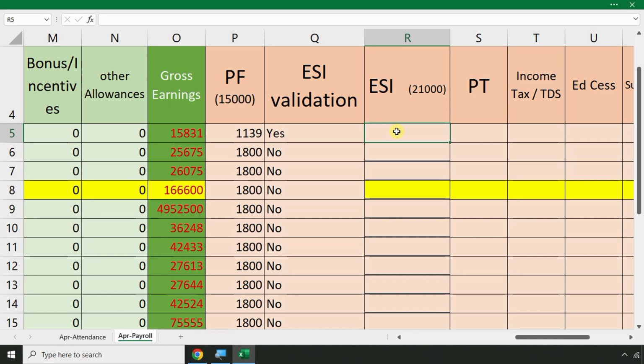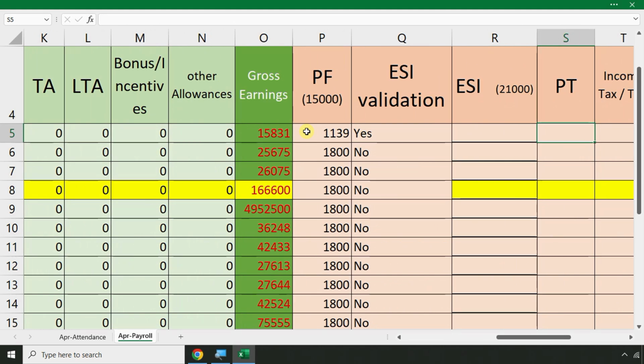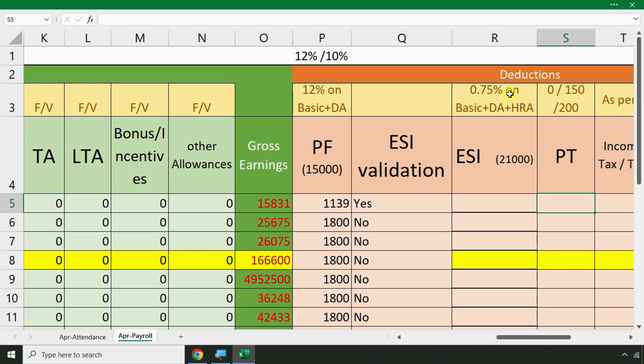So now we need to apply a different kind of formula. What formula should I use now? I need to first check the validation. Only if it is yes, then only on gross wages of basic plus DA plus HRA I will contribute 0.75%, or else no. Equals if, open bracket.